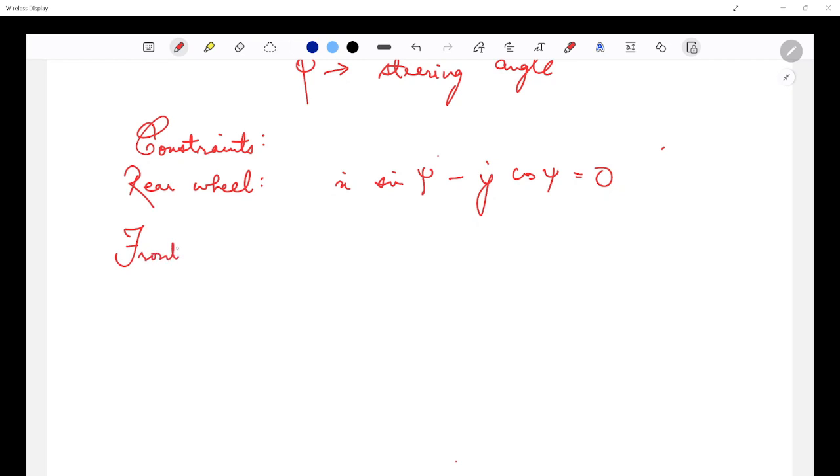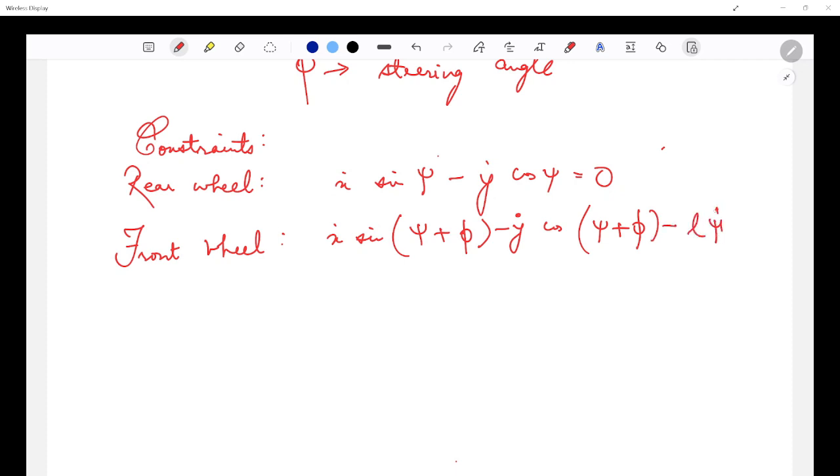And for the front wheel, it is x dot sin(psi plus phi) minus y dot cos(psi plus phi) minus L psi dot cos phi is equal to 0. The derivation idea here is both wheels must have velocity along their direction and there is an instantaneous center of rotation on the body of the robot.